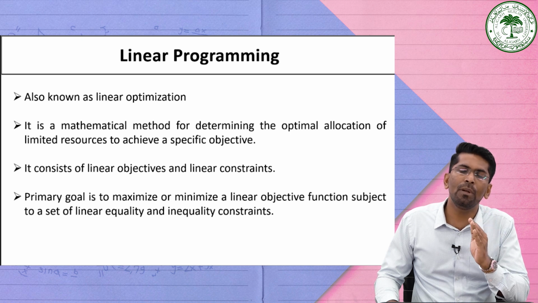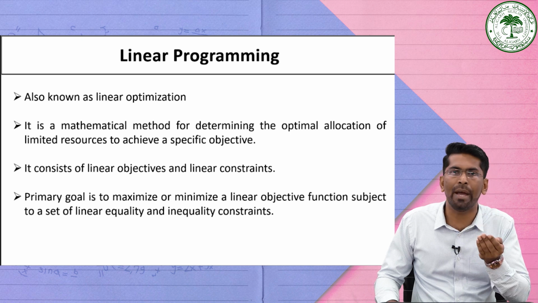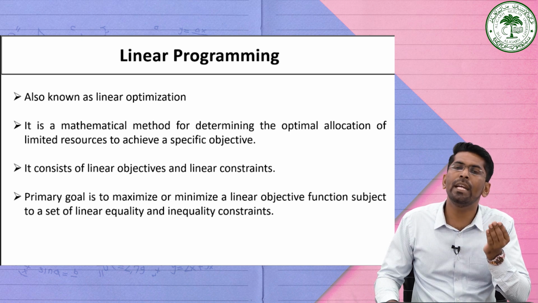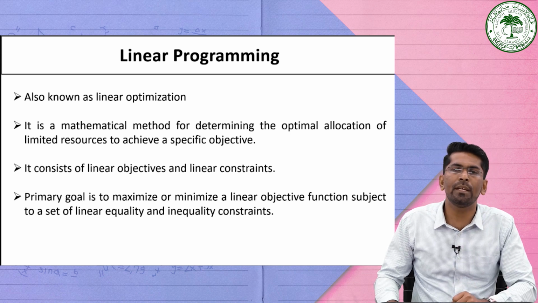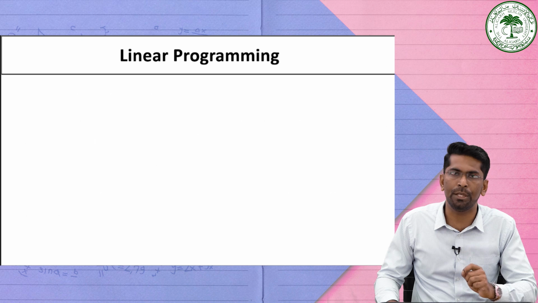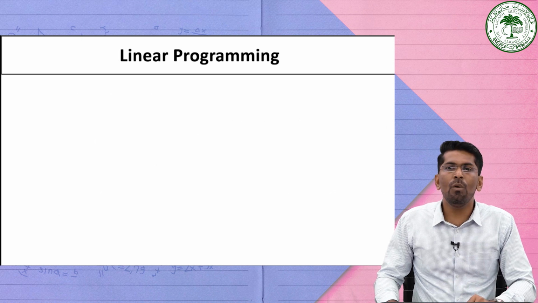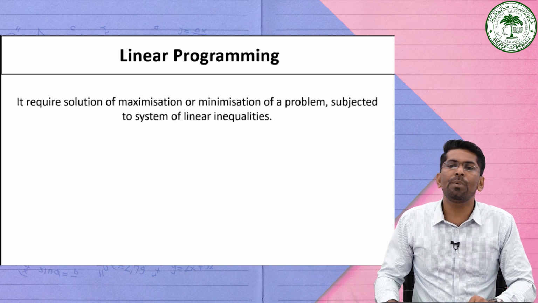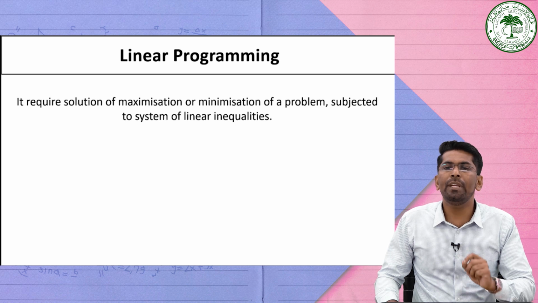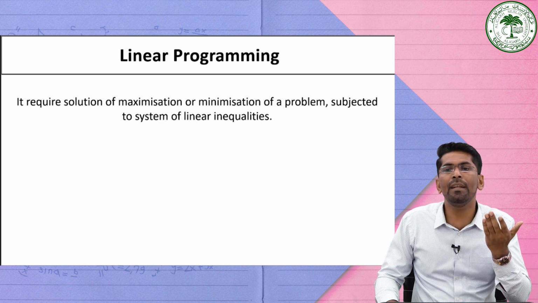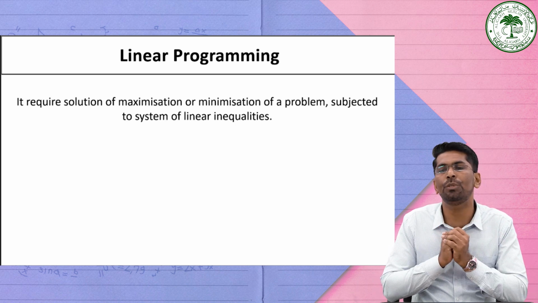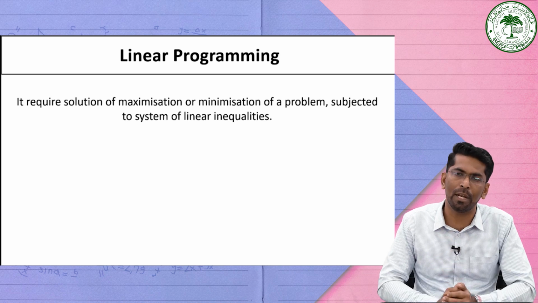In a linear programming problem, we are trying to optimize, in the sense that it may be either maximization or minimization of a particular objective. It is a process which takes into consideration certain linear relationships to obtain the best possible solution to a mathematical model.